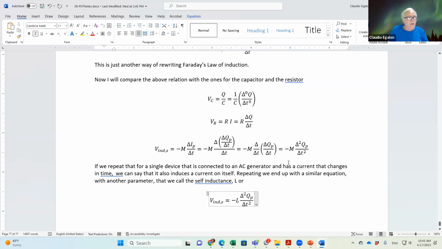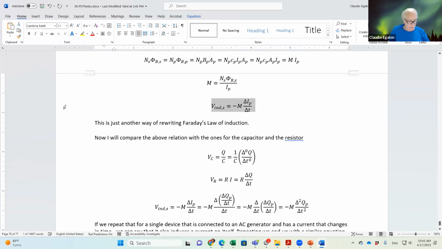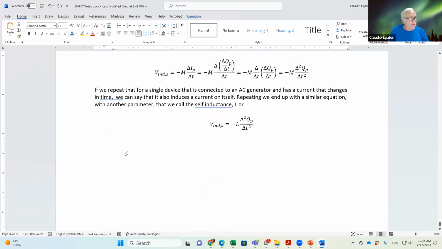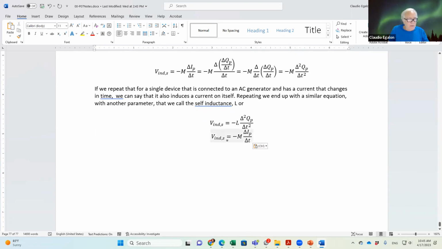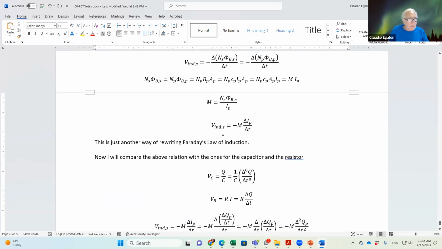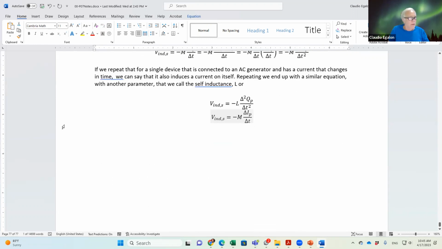where my L, just like for the mutual inductance, is going to be given, and now I don't need to put the secondary here, right?